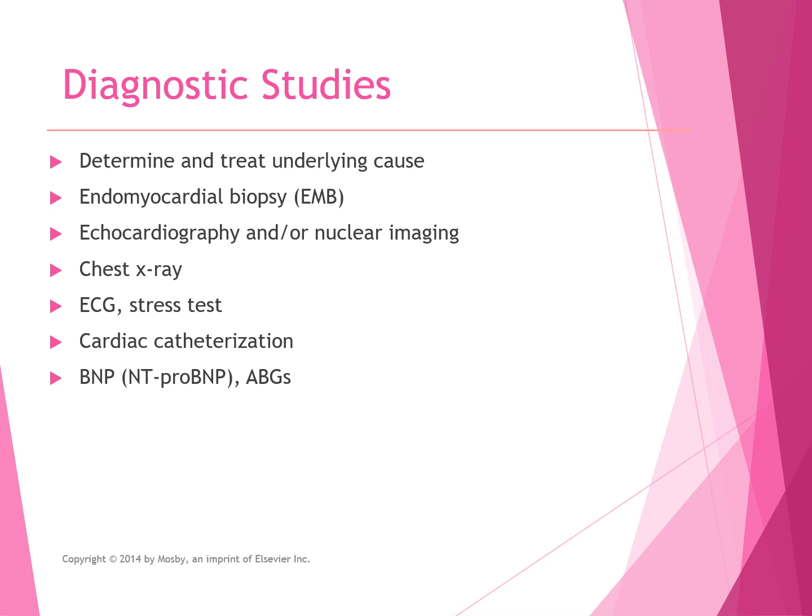For example, cardiomyopathies, sometimes we don't know why somebody has a cardiomyopathy or an overall weakened heart muscle. So we can obtain a biopsy of the myocardium, send that off, and sometimes that can give us answers. Echoes or nuclear imaging can help us paint the bigger picture, get a better look. Chest x-ray, ECGs and stress tests, cardiac caths, and then our BNPs or ABGs, which we covered.